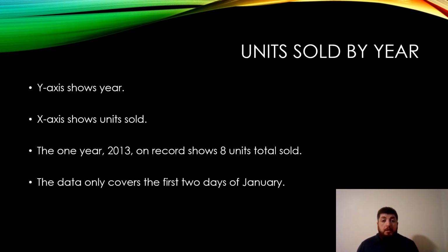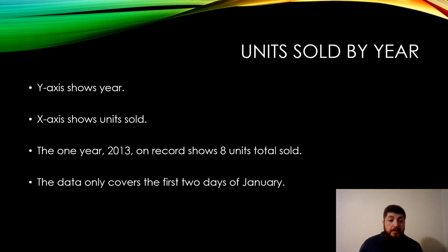Now, for units by year, the y-axis shows the year and the x-axis will show the units sold. The data is only from 1 year and only shows 8 units sold. And the data only covers 2 days in January, January 1st and January 2nd.